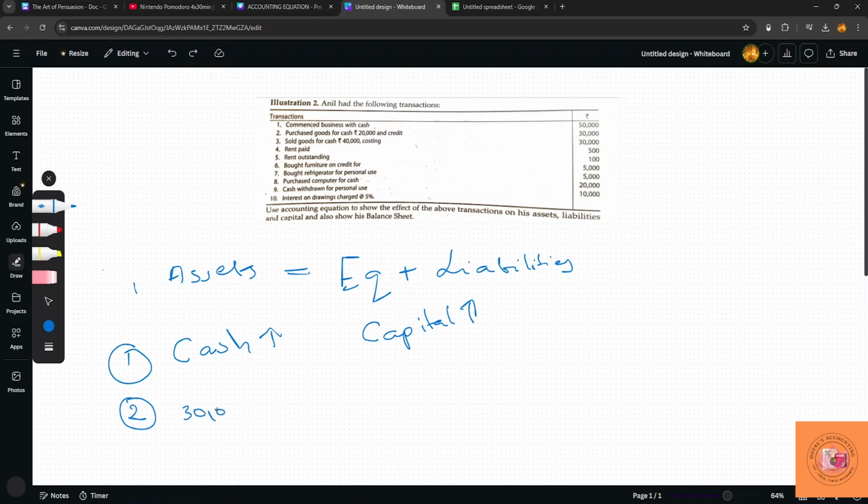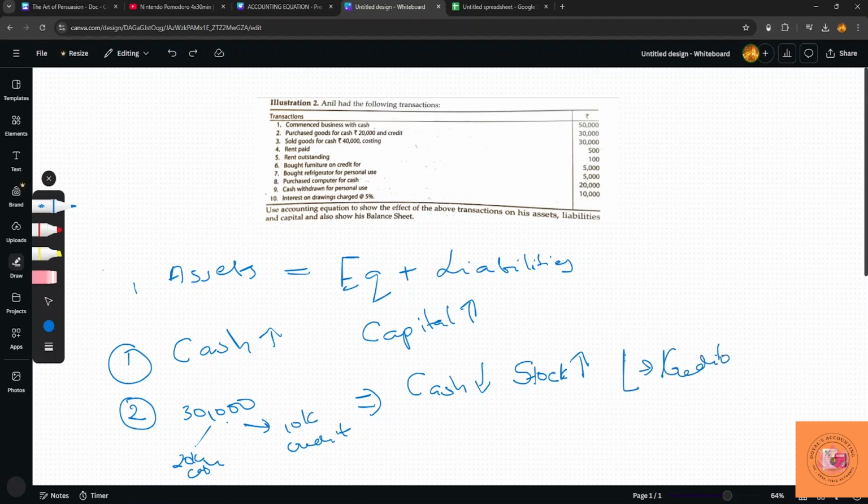So out of this 30,000, 20k he has paid in cash and 10k in credit. So what this means is our cash balance will reduce and a new asset, that is stock, will increase, and also under liabilities our creditors will increase. That is the effect.